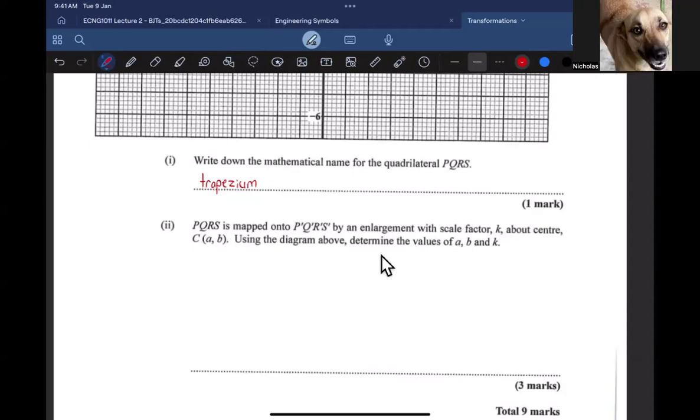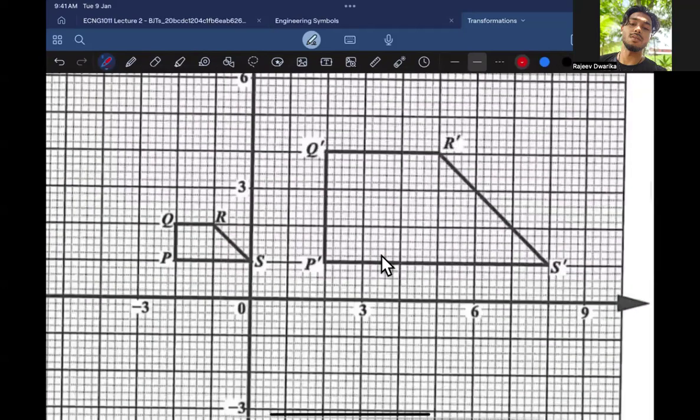Yeah, so the scale factor is 3. P to S, that is 2 units.